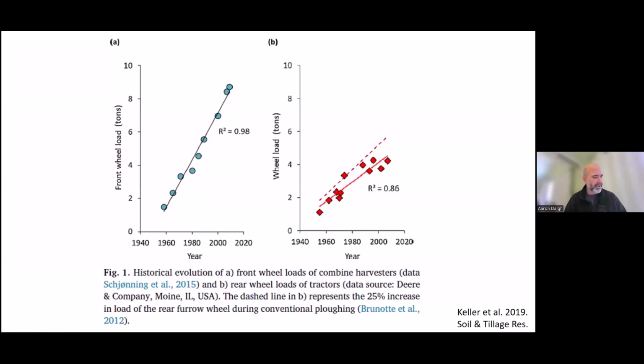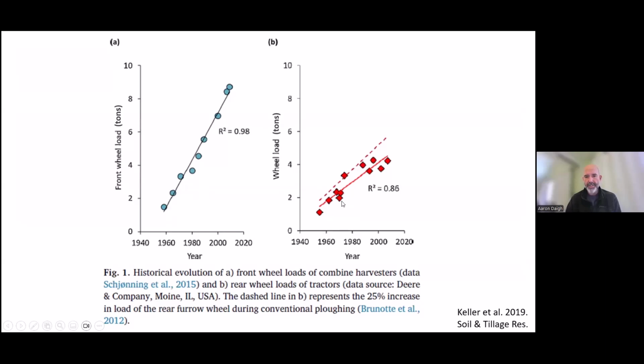Wheel traffic compaction has certainly changed over the years, particularly the wheel loads. The axle loads of equipment have dramatically increased ever since diesel engines became the technology of choice back in the 1950s, moving into the 1960s. If we look at front wheel loads, for example, on combine harvesters, they've increased eightfold since the 1960s, much heavier than what they used to be.